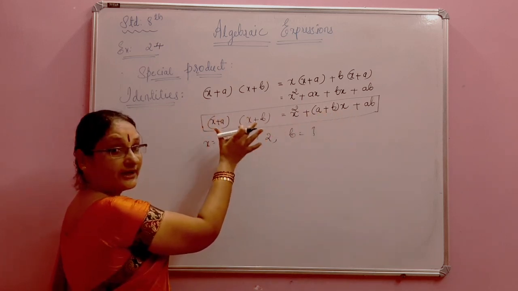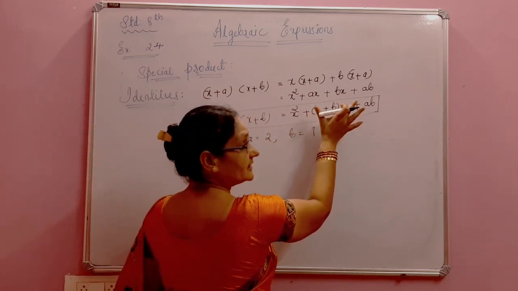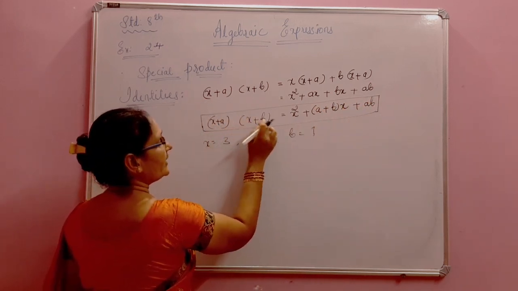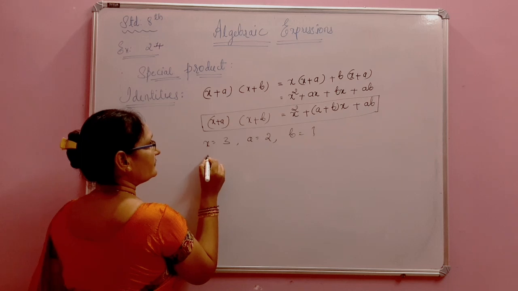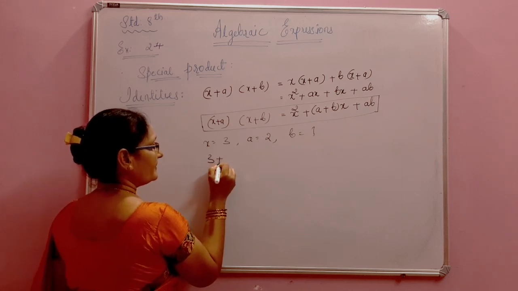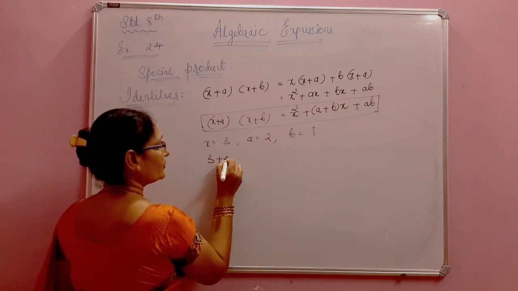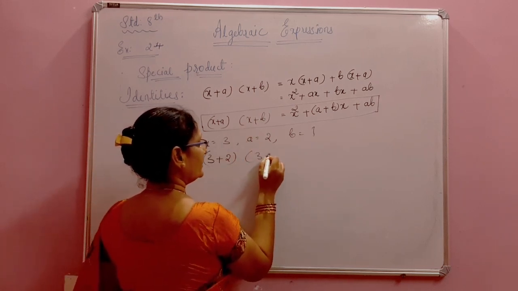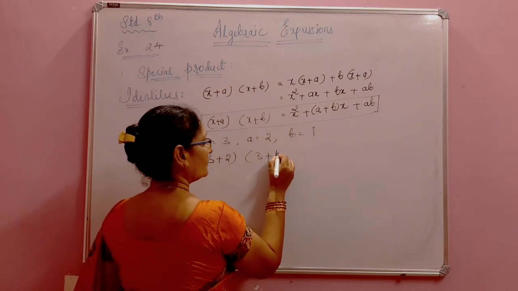LHS means left hand side, RHS means right hand side. Now we will see (x + a)(x + b). In place of x, what we have to put here? 3 plus, in place of a we have to write 2. Now here in place of x 3 plus, in place of b 1.